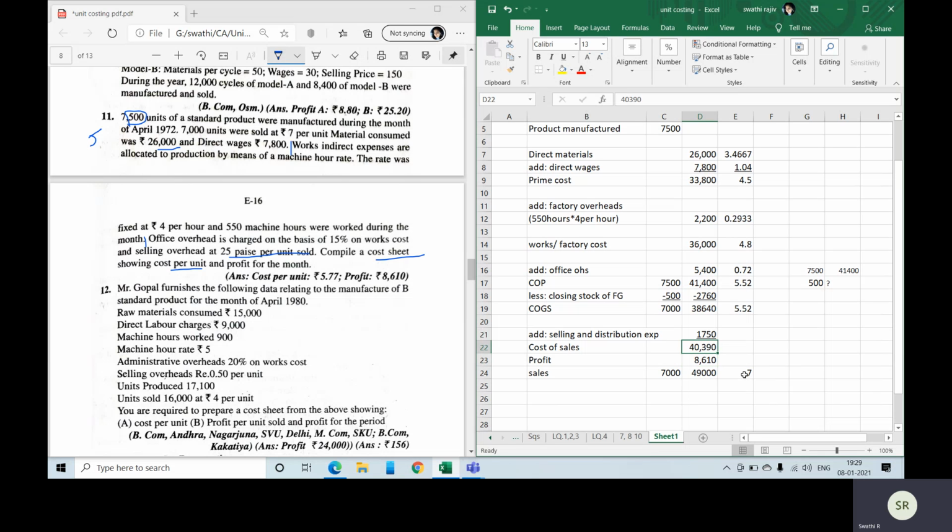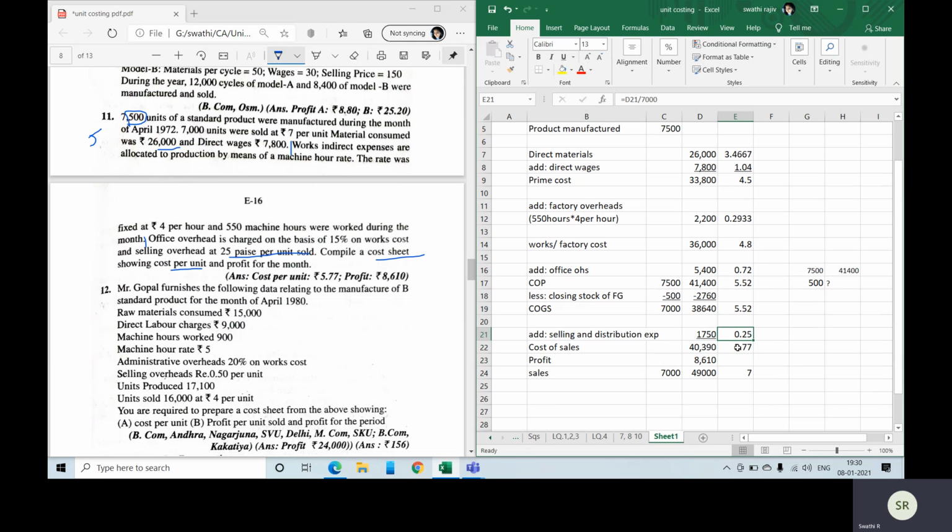Per unit profit is equal to 17,000 divided by, it shouldn't be that, by 7,000, and now you will get 5.77.